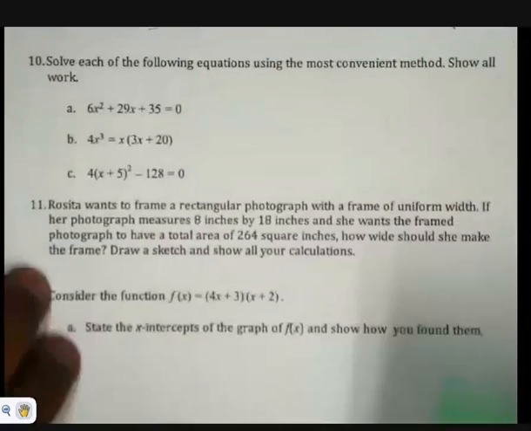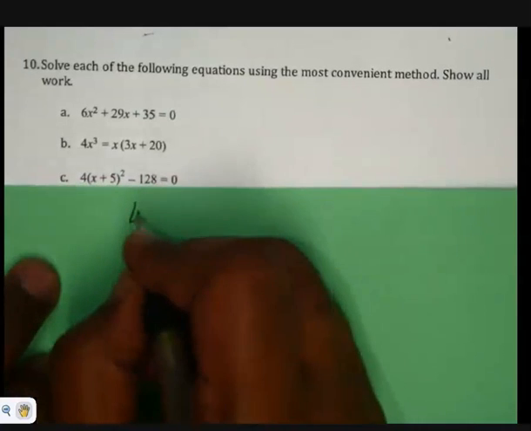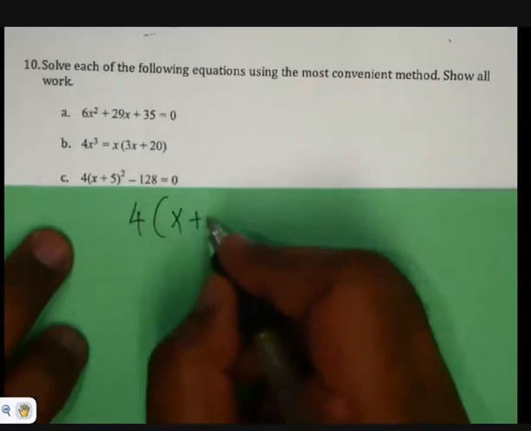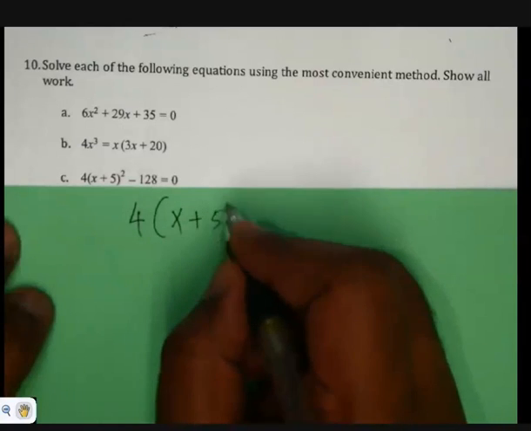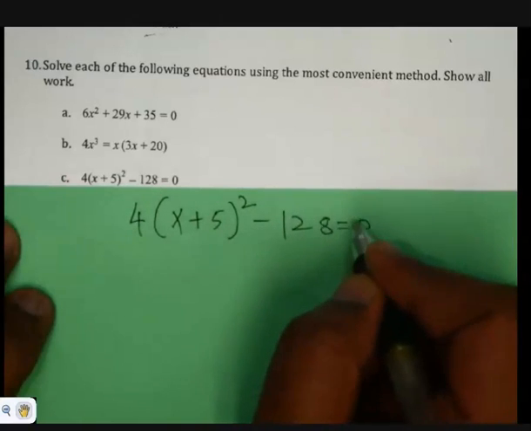And for the third one, extraction of the roots is the best. And I think here, let me show you, 4 times x plus 5 whole square minus 128 is equal to 0.